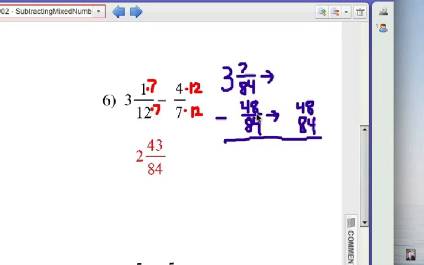We get 48/84 take away from only 7/84. So let's borrow from the 3 and add those two numbers together, which gives me 91/84. Okay, hope this is getting easier for you. As we subtract, 91 take away 48 is 43 over 84, 2 and 43/84.